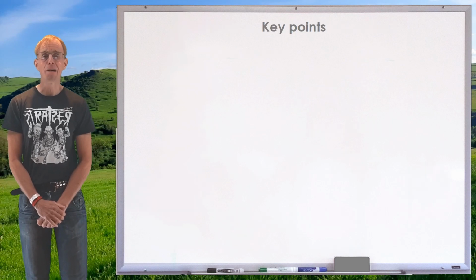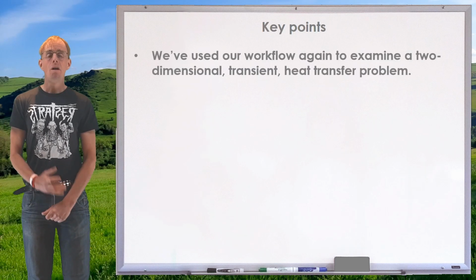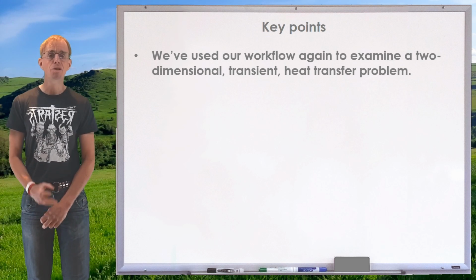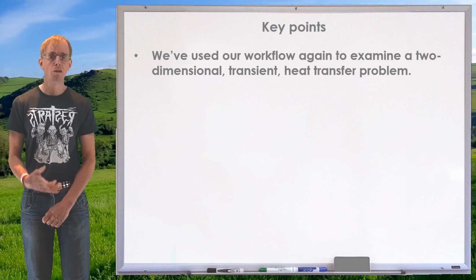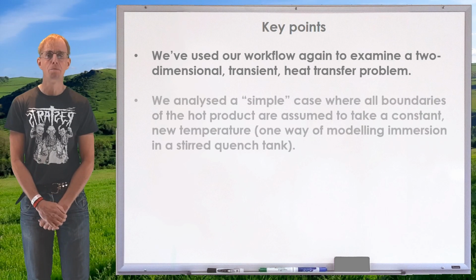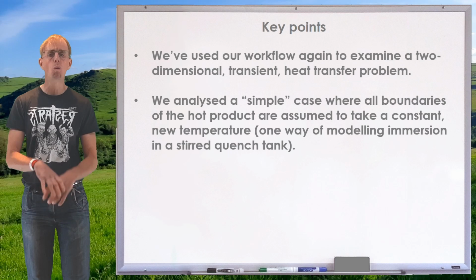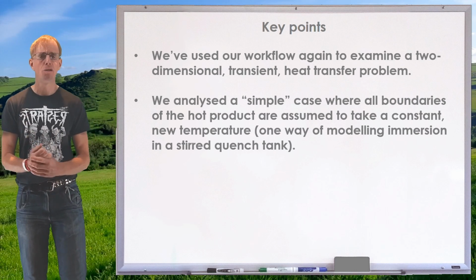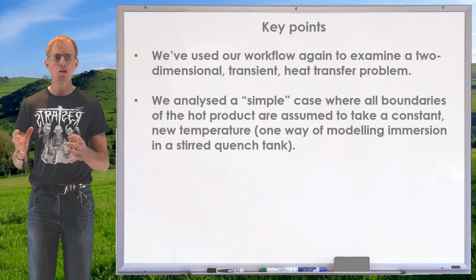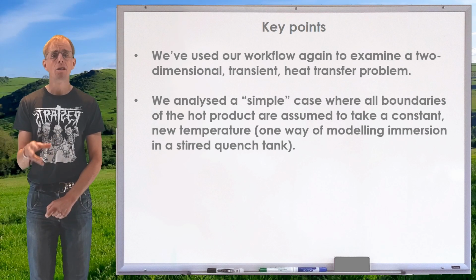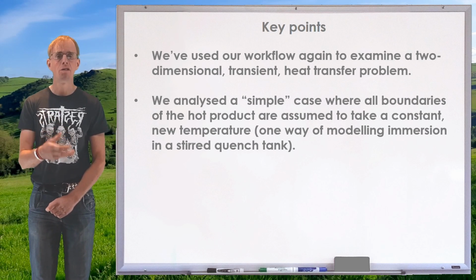So let's recap a few key points. Again, we've gone through our heat transfer solution workflow. We've used it this time to examine a two-dimensional transient heat transfer problem. We simplified our transient problem where all the boundaries of the hot product are assumed to take a step change to a new temperature. We did that such that we can make a direct analogy to a Heisler chart.